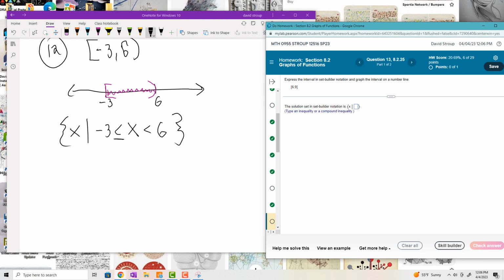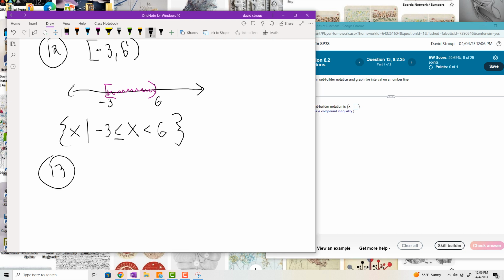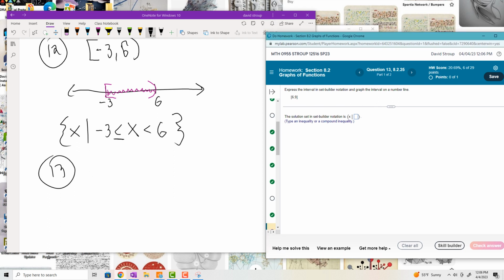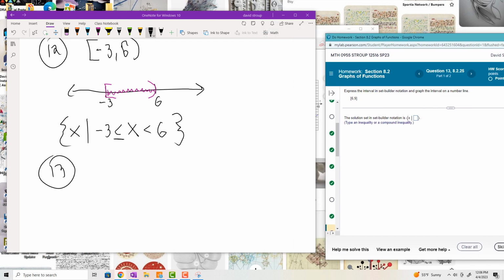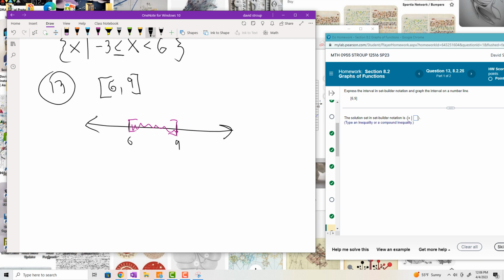Okay, number 13. We have the interval 6 to 9, including both endpoints. So on our number line, here is 6, way over here is 9. It's everything in between those two, and it's including 6 and 9. So 6 is in that set, 9 is in that set. As an inequality, we would write x and wedge it in between 6 and 9.